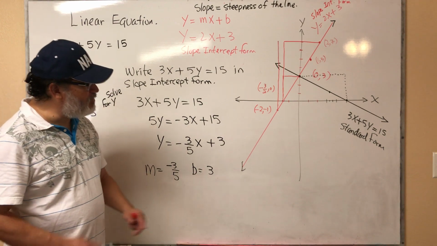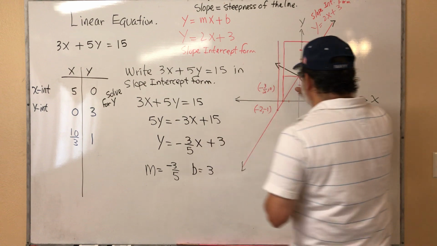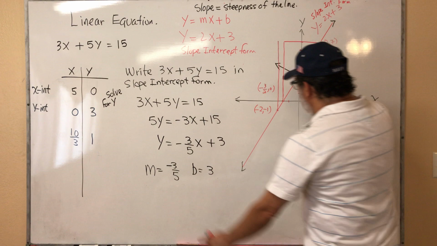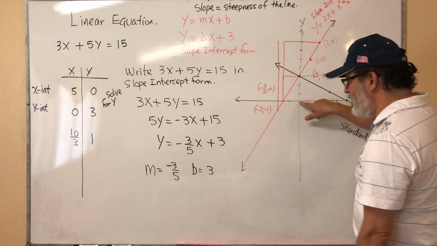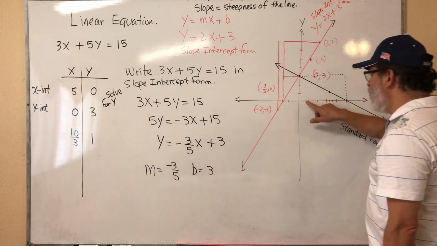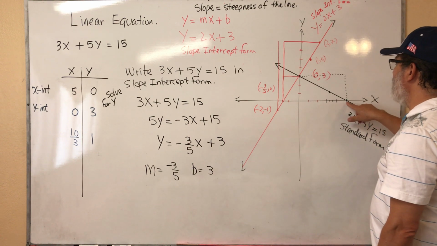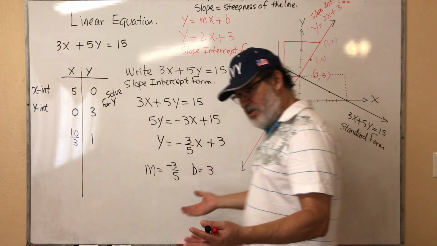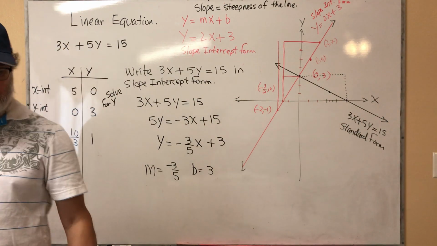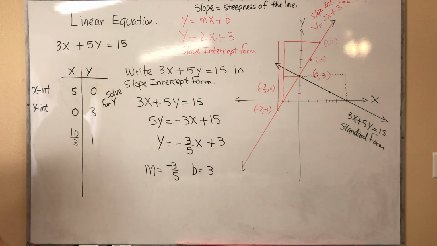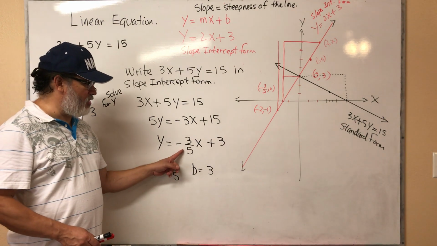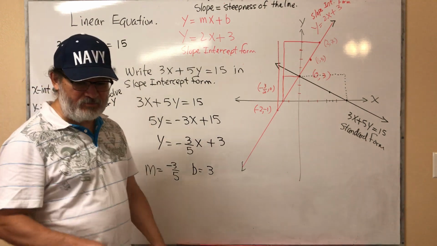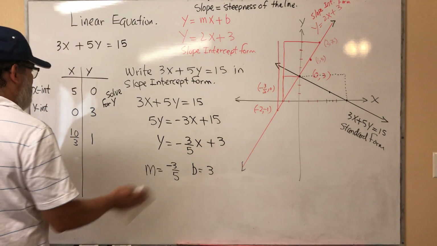I'm going to go to the y-intercept, and rise 3 down: 1, 2, 3. And then run 5 to the right: 1, 2, 3, 4, 5. And there's another point on the dark line. There you go. And we wrote it in slope-intercept form. Look. The slope is negative 3/5. The y-intercept is 3. Okay, very good.